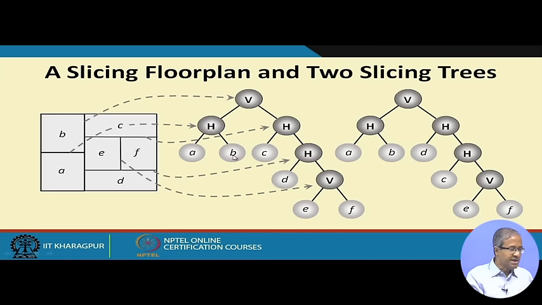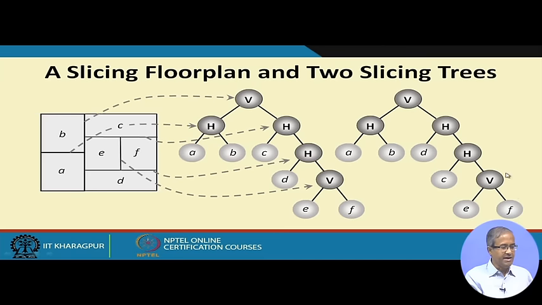And on the other side, A and B are connected by a horizontal line. This whole thing and this whole thing are connected by a vertical line, this vertical line. Okay. So, this floor plan can be represented by a slicing tree like this. You can check, this is also a slicing tree which represents the same floor plan.